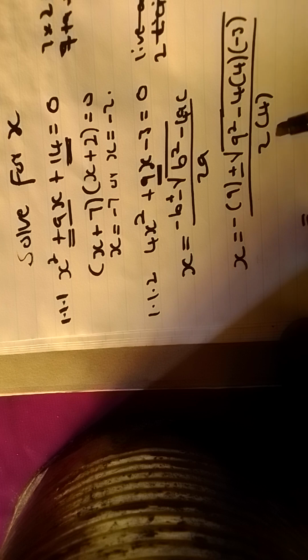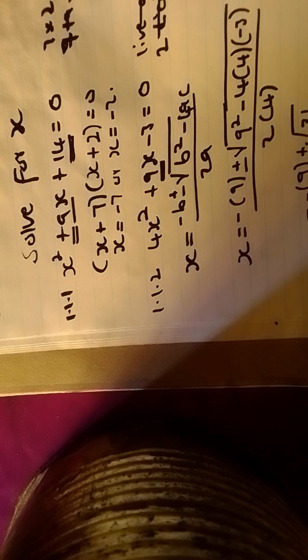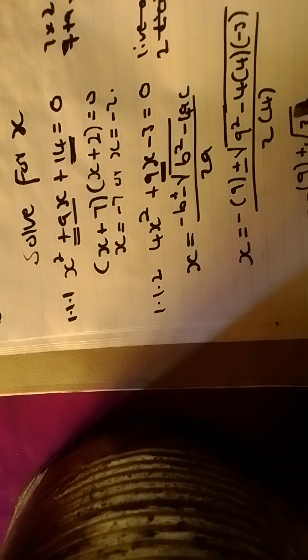And now it's simple, it's just a use of the calculator. Just say negative 9 plus or minus the root of 9 squared, which is 81. 4 multiplied by 4 multiplied by 3: multiplied by 4 is 16, 16 multiplied by 3 is 48.